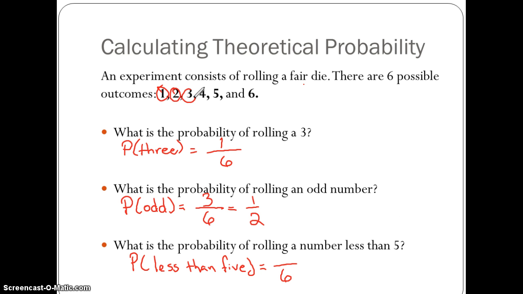This one, this one, this one, and this one, which are 4 numbers, and you're going to reduce to 2/3. So the probability of rolling less than 5 is 2/3. So in theoretical probability, just like with experimental, your denominator is going to be your total number of outcomes, but the top is how many that they're looking for.